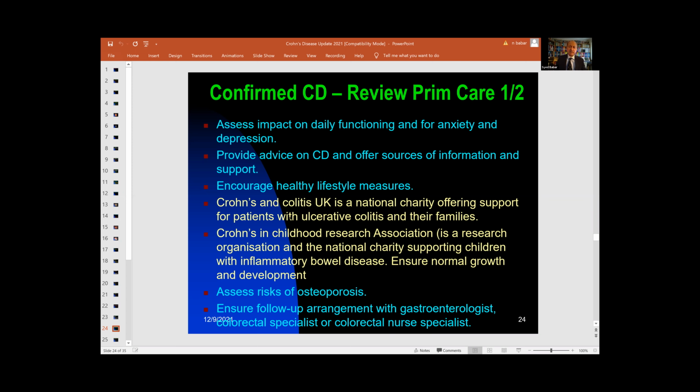Because it's a lifelong condition, in primary care it is ascertained that the patient has a follow-up appointment in the hospital, appropriate monitoring before that appointment, and that this is a lifelong condition. And the commonest contact a patient in remission has with the hospital is through the colorectal nurse specialist.